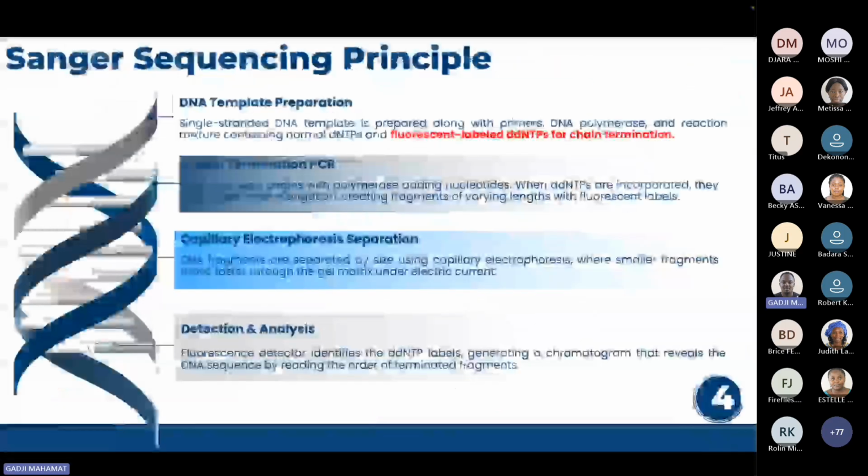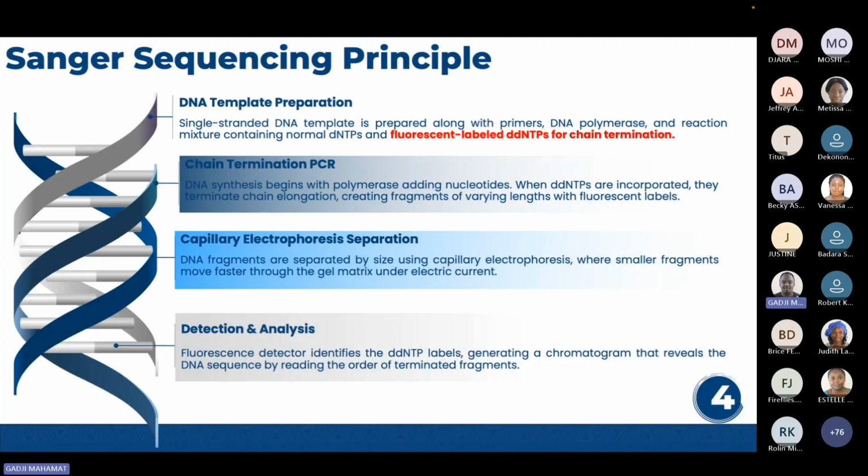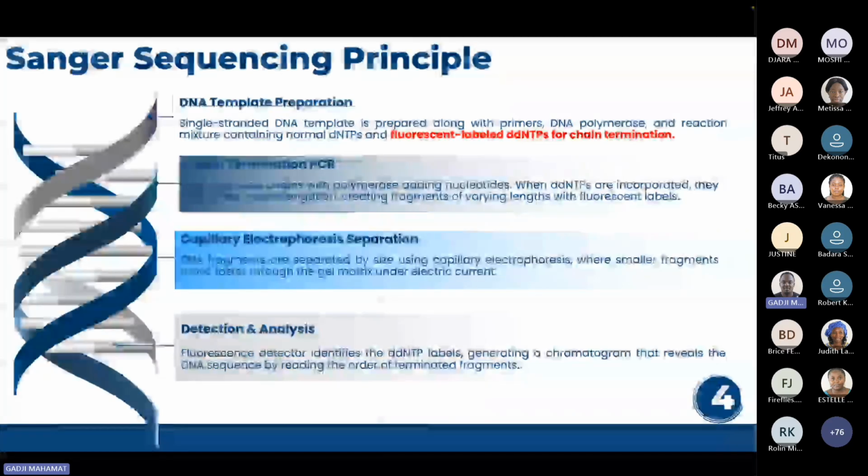So about the principle, how it works. It's just like a normal PCR reaction with the common reagents, but adding on top of that a fluorescent labeled dideoxynucleotide, like I said, that will terminate the chain reaction and prevent the binding of the next nucleotide, generating various fragments of different lengths that are run on a capillary electrophoresis.